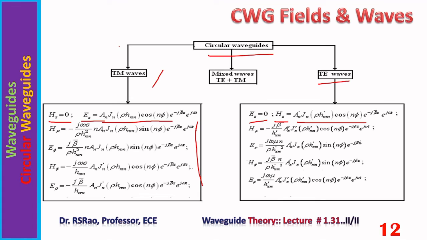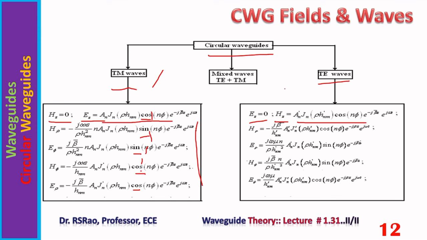If you start the reference in such a way that one term becomes 0, you are left with only one term. That's why you see in the expressions we have only cos, sine, cos. The other term is absent. By selecting the reference appropriately, two terms become one, or one term is eliminated. That's why there is only one term in all the expressions.